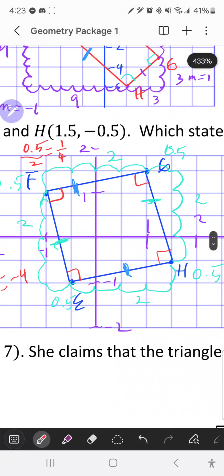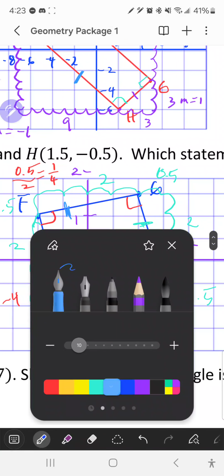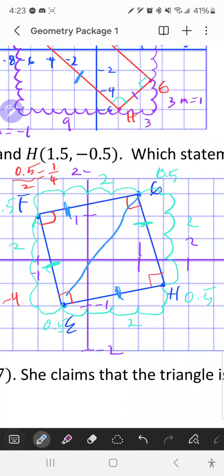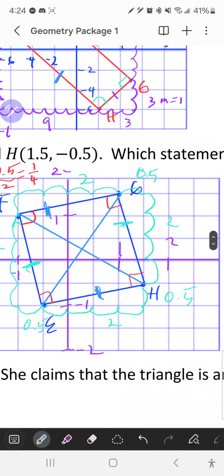So for it to be a kite, we also know that the diagonals need to be perpendicular to each other. By the sample size, I know they are going to be, but let's calculate it. I'll use orange. So 1, 2, 3, 4, 5. Wait, I forgot that we are using 0.5.